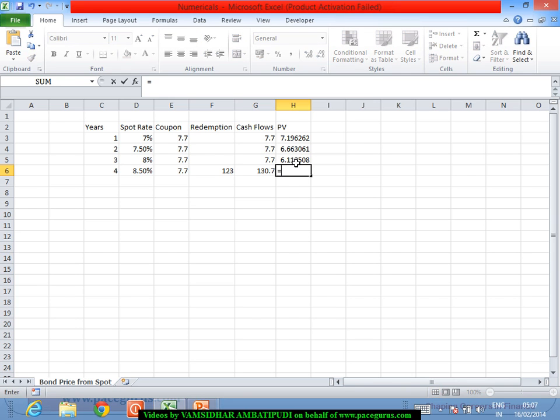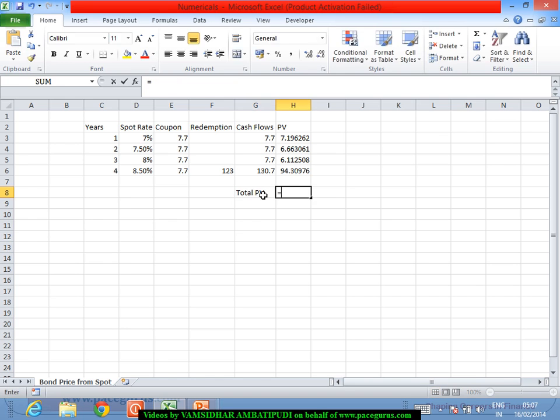And similarly the last one, I will divide by 1 plus this particular spot rate to the power 4. These are the cash flows.